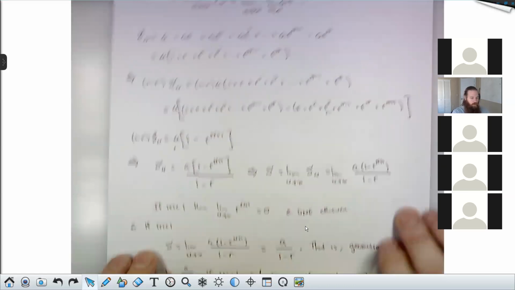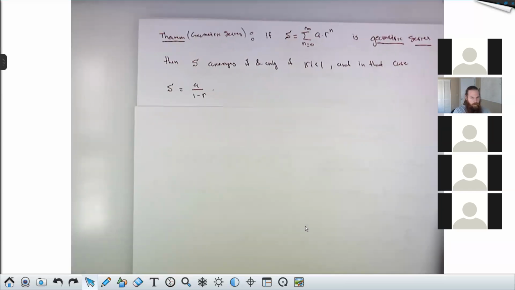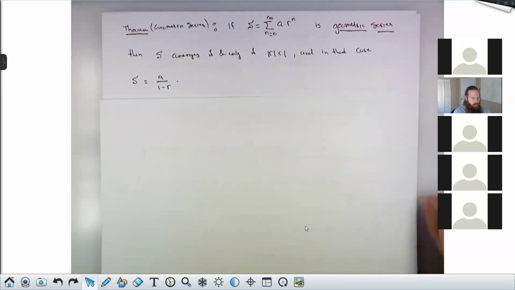A quick note. This formula, a over 1 minus r, isn't perfect.